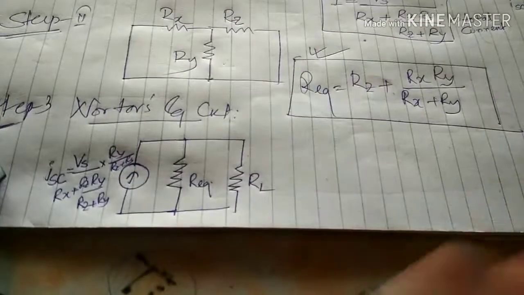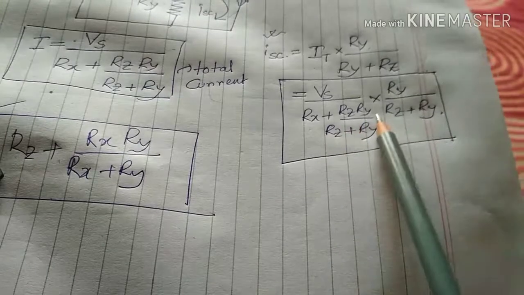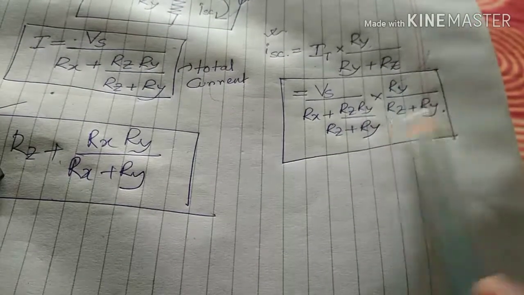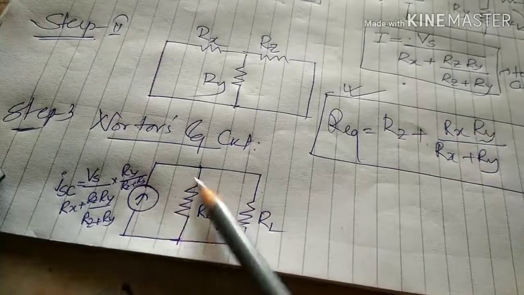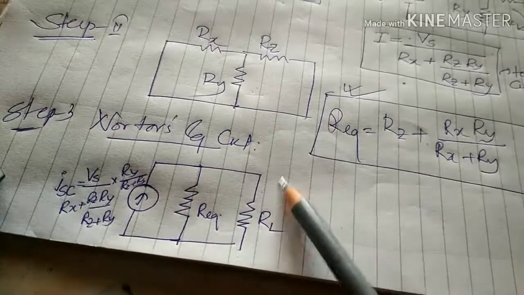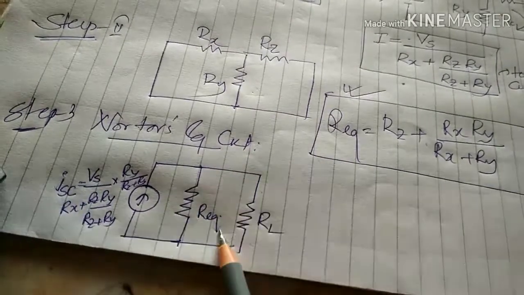The value of this is ISC equals Vs by Rx plus Rz Ry divided by Rz plus Ry, into Ry divided by Rz plus Ry. The equivalent resistance is in parallel with the current source, and our load resistance is also in parallel. So this is the Norton's equivalent circuit.